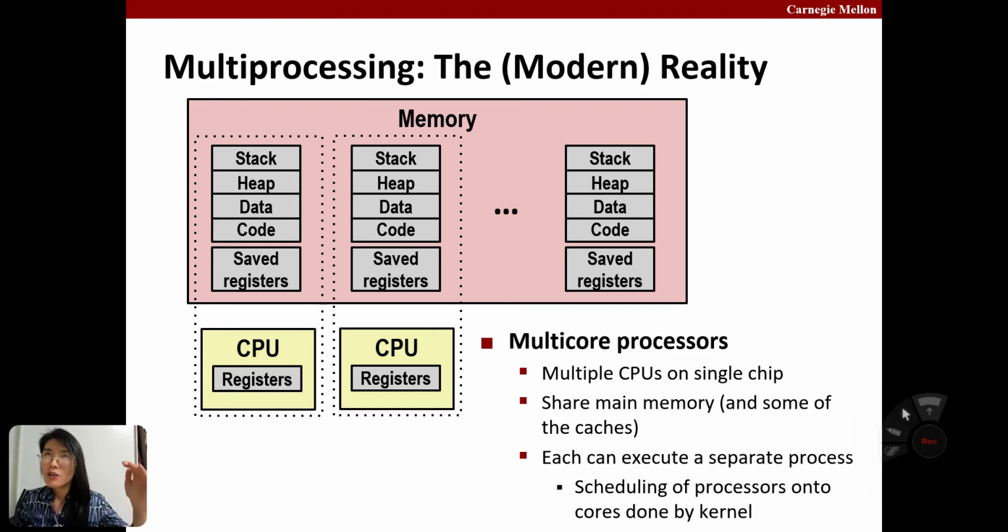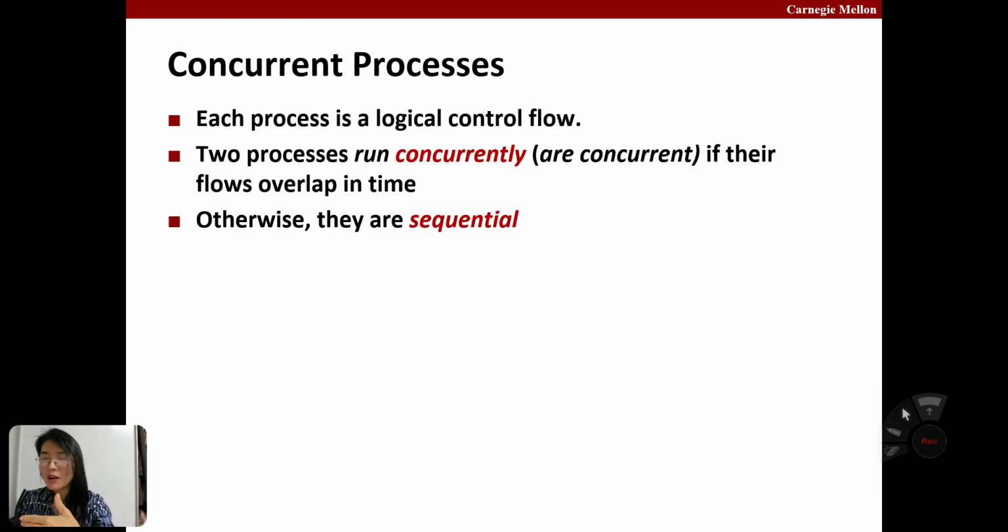So you can catch the main point from the traditional to the modern reality with the number of processors. All right. Okay. So we will finish the multi-core processors concept. We will focus on concurrent processes regardless of the number of processors.